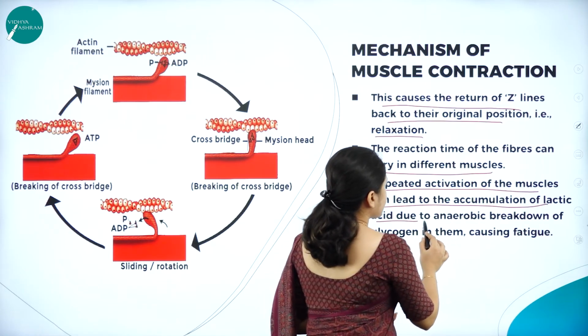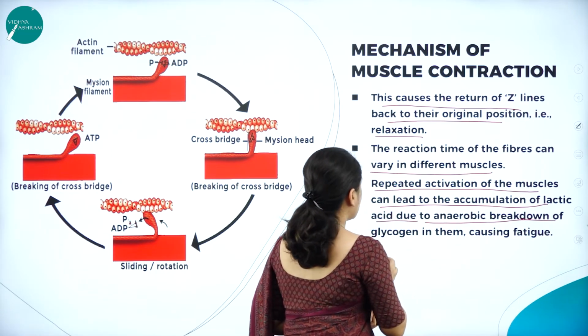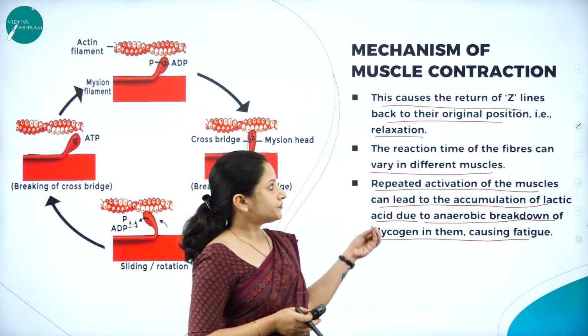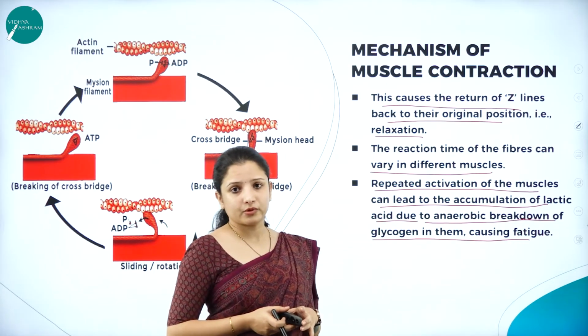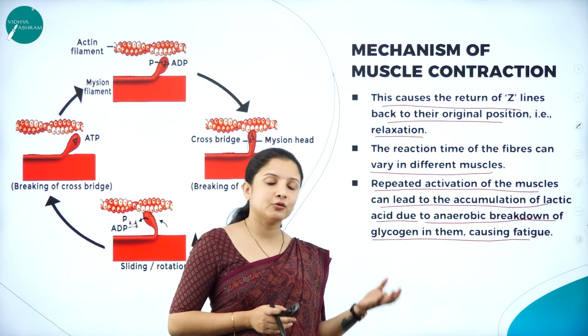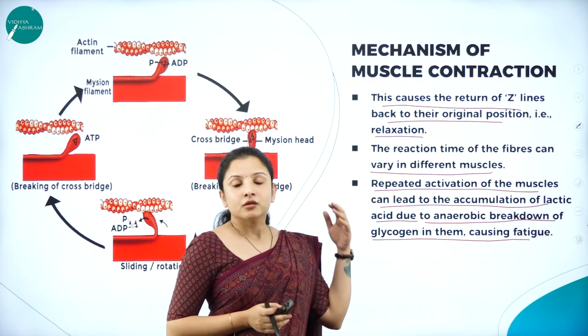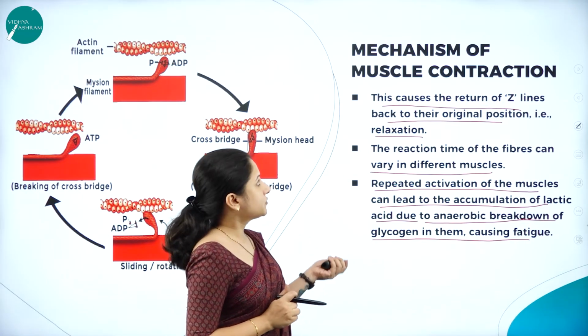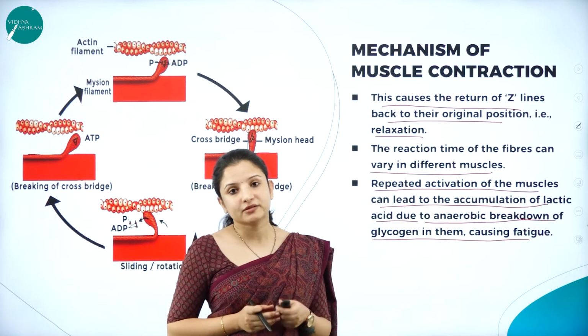It results in the anaerobic breakdown of glycogen, causing fatigue. So this is one of the important components here. Therefore, when compared to an athlete with that of a normal person, the functioning of the muscle tends to vary.